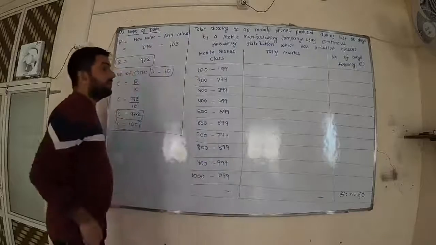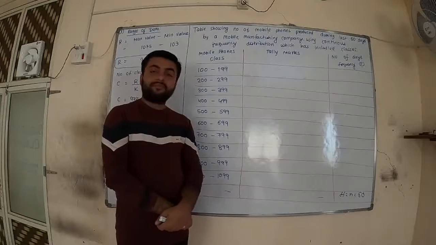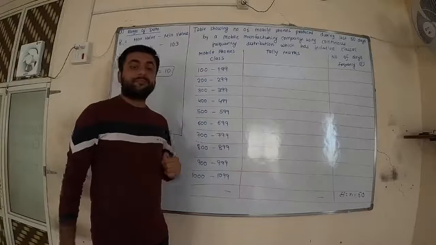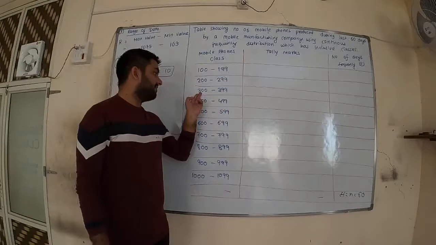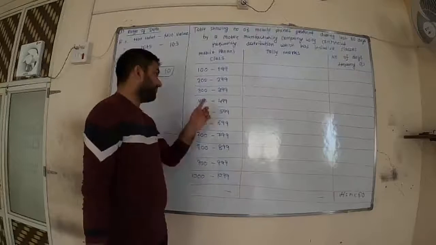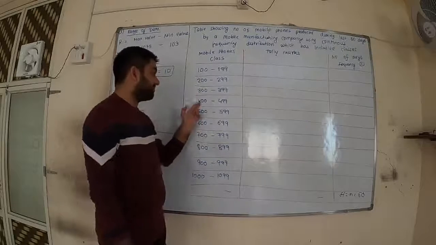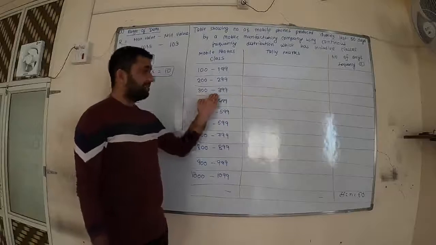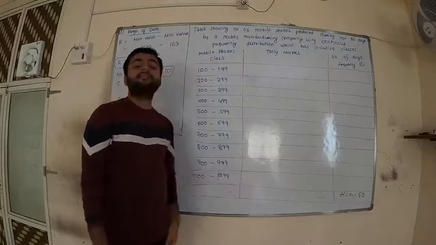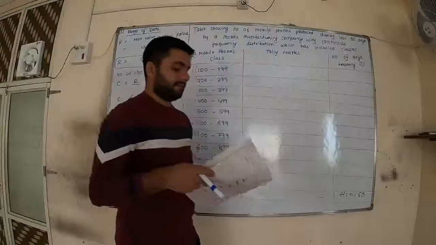Now friends, one more important and easy thing in this sum. While looking at the data, if the first place digit is 1, put the tally mark here. If it is 2, then here, 3, then here. See, 300 to 399, that is the reason for inclusive class. If it were 300 to 400, you would get confused whether 400 comes here or here, but this is very easy. If the first digit is 3, then here, 4, then here, 5, then here, and 10, then here. Now this will be very easy.